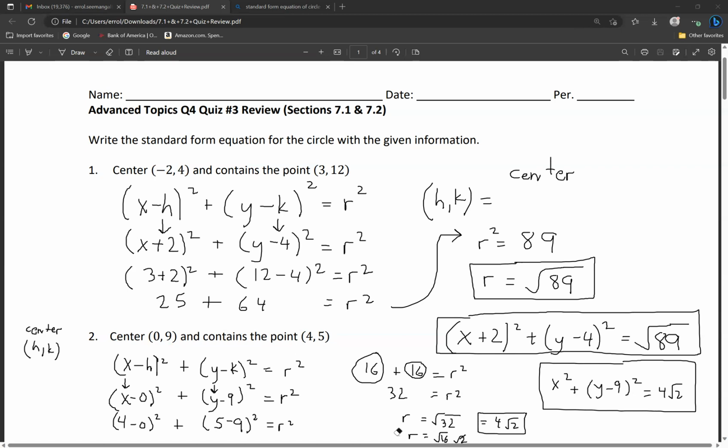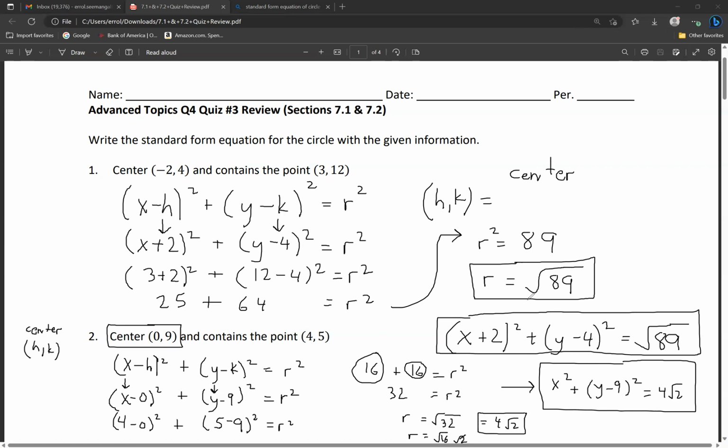Now all we did was simplify root 32 to 4 root 2. And then now we know r. So we know the center and we know the radius is 4 root 2. So put everything into this equation: x squared plus (y minus 9) squared equals 4 root 2.